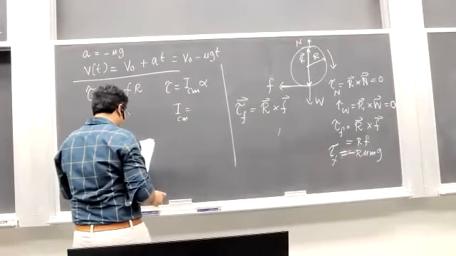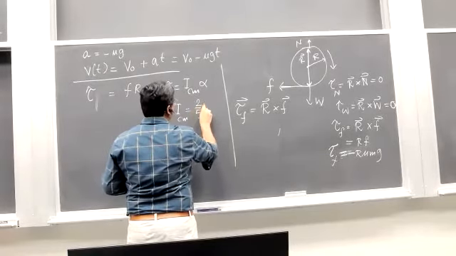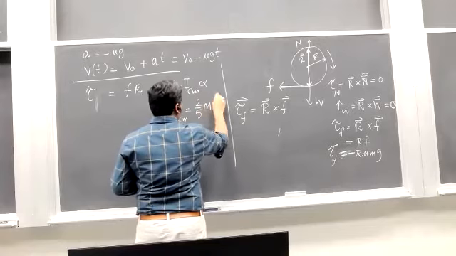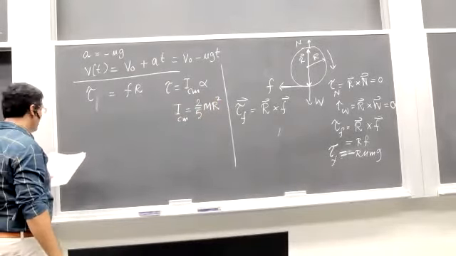Did we calculate that in the recitation? Hmm? 2/5 m r squared. Right?